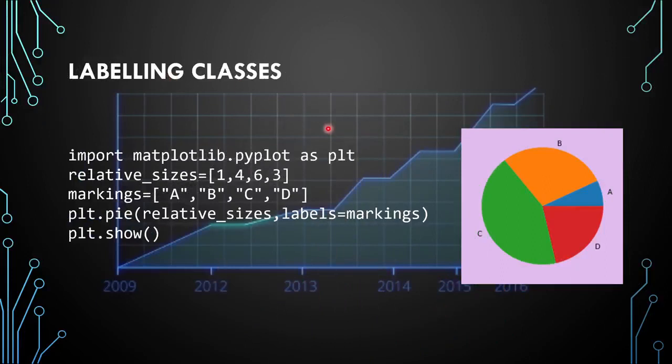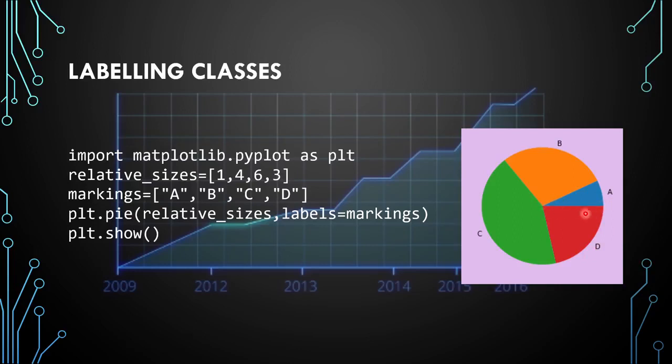Now the labeling of classes. You can see I've done just the markings, right? It will be the respective markings. The first will be marked A. Now there is something to notice here. Look at the curve very carefully: A, B, C, D. It is going anti-clockwise, and it is starting from exactly 0 degree.